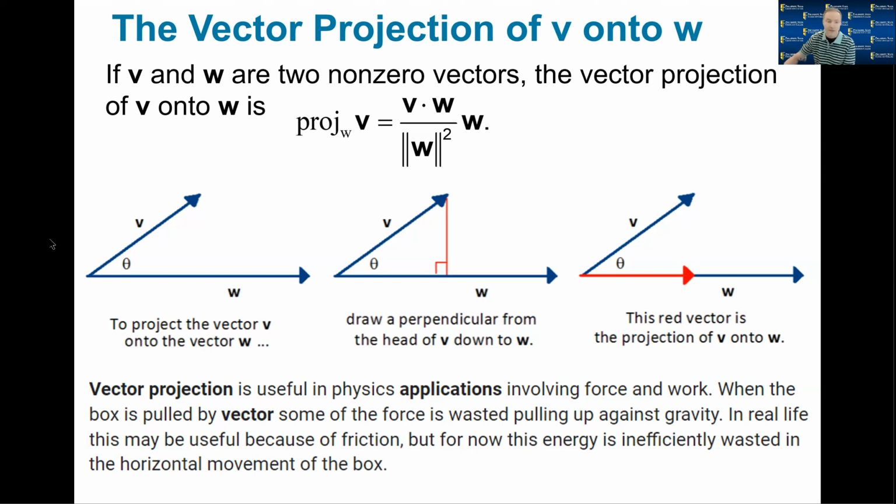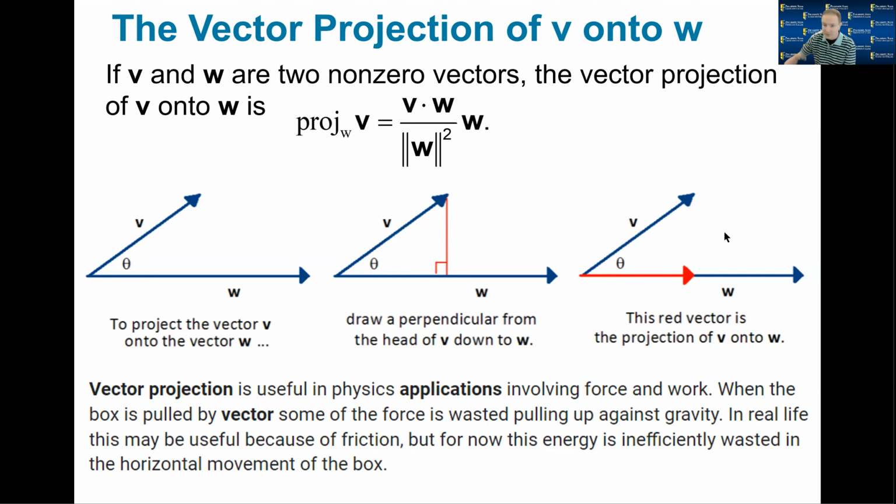So whenever we talk about the vector projection of v onto w, all it does is you're going to drop a perpendicular down to w, and the projection of v onto w is, you can think of it as kind of like the shadow of v on w. It's not the full length of v.